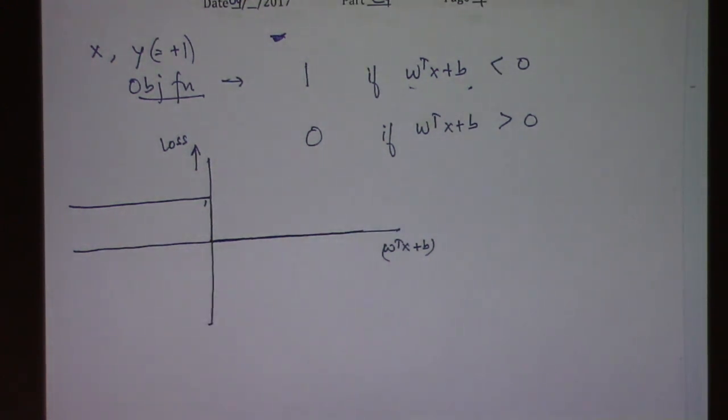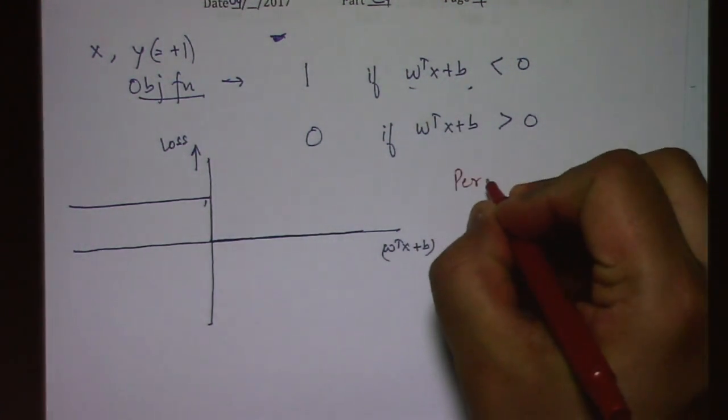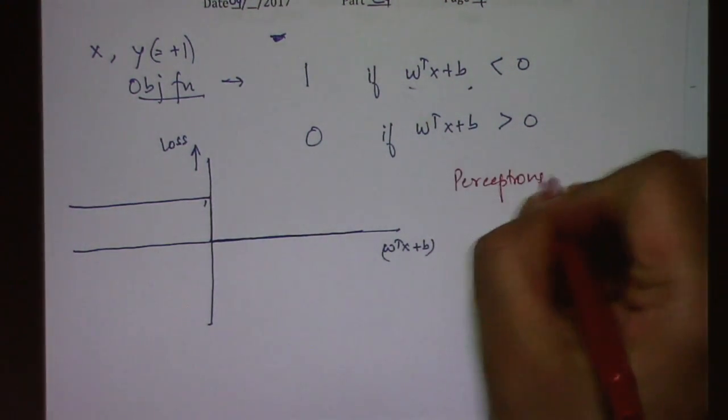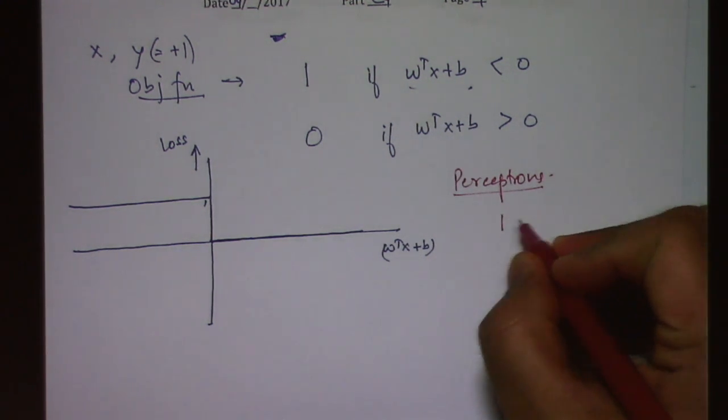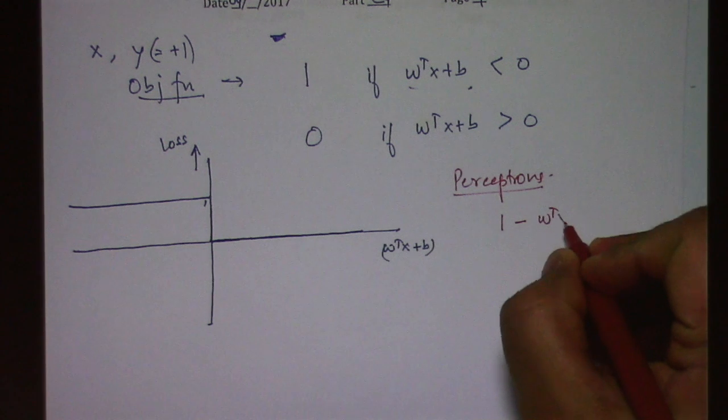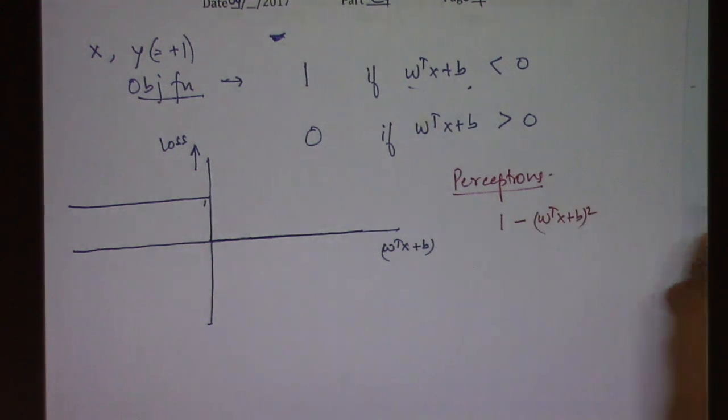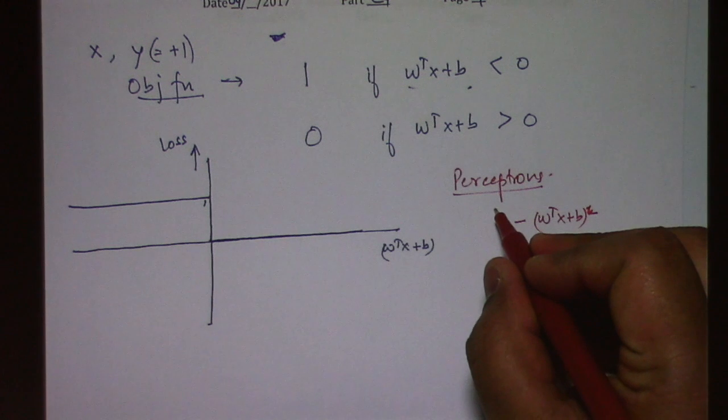So this is why different classifiers try to come up with other loss functions which approximate this loss function. If we talk about perceptrons, the loss function looks like this: 1 minus Y times W transpose X plus B, squared.